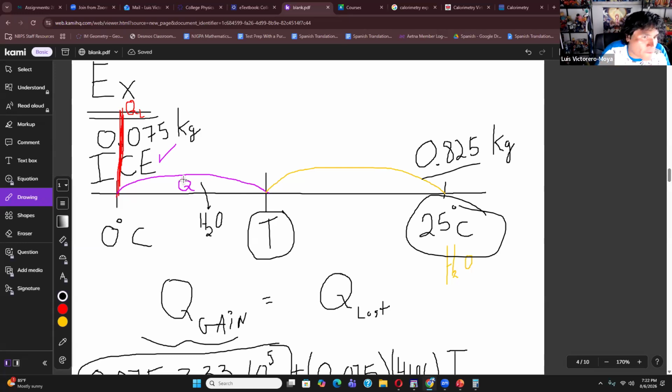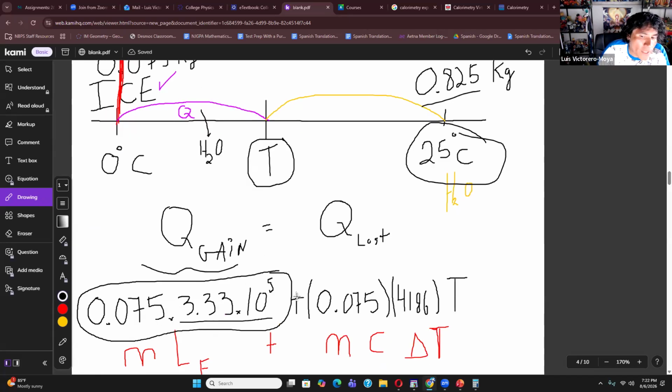So we first find the latent heat of fusion, which is this, and then we add it with the M C delta T, the heat to change from 0 to the value T that you want to find. So same mass, the mass doesn't change. Now it's water, so 4186 something. So what's important here is that you identify the melting process, which is this, and the heating process, which is this.